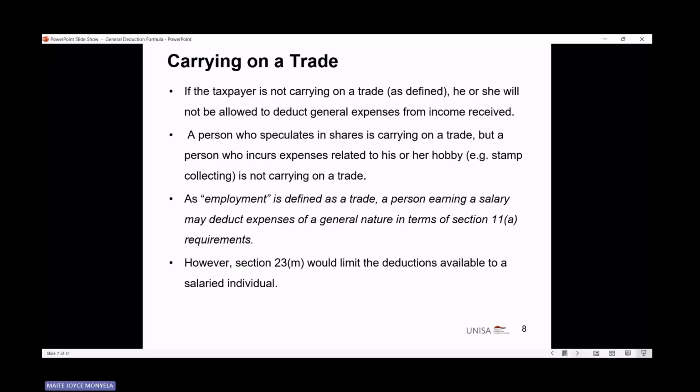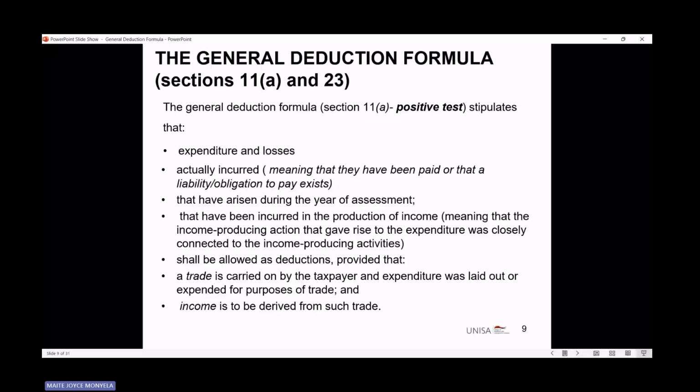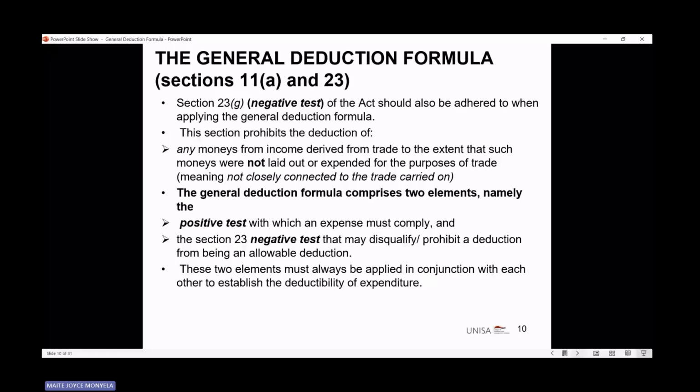And then we have the general deduction formula. We said we have the positive and the negative, and you need to apply both of them. The positive is what an expense must comply with under the general deduction formula.